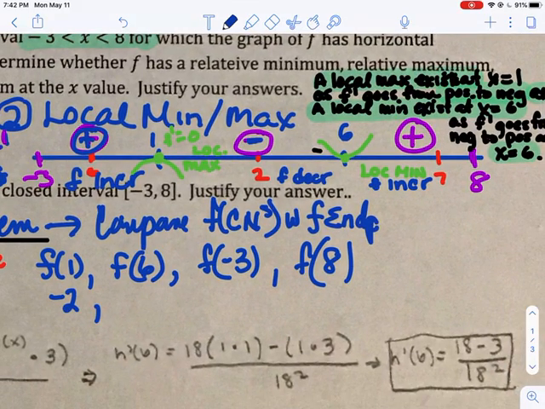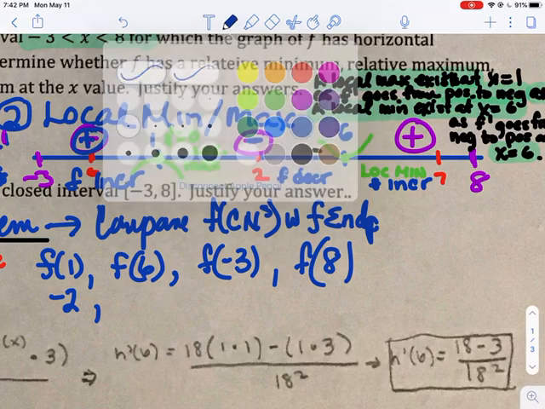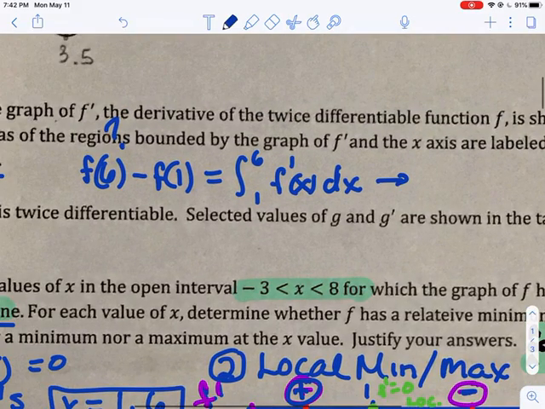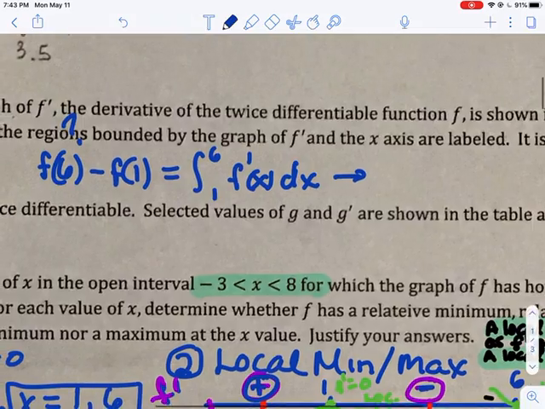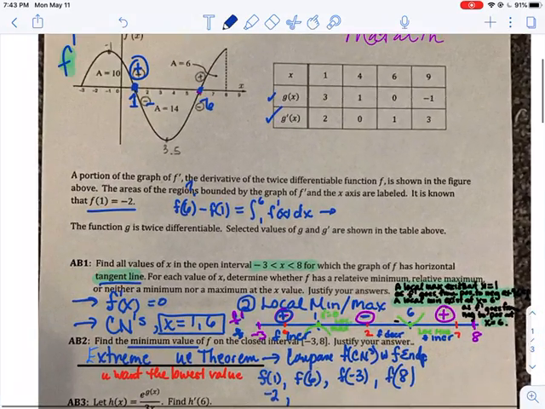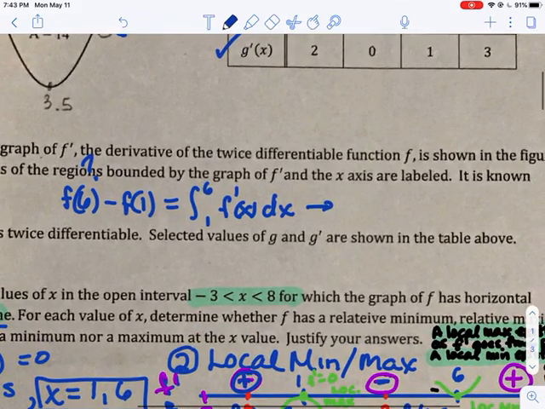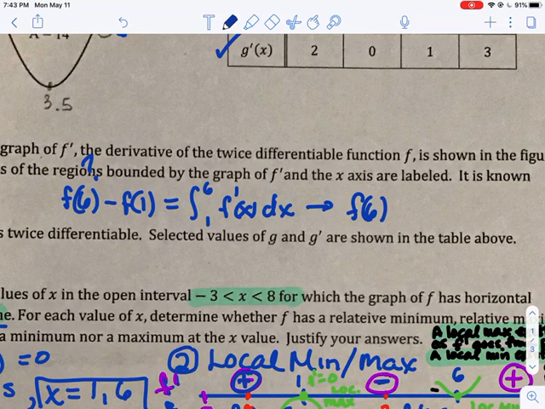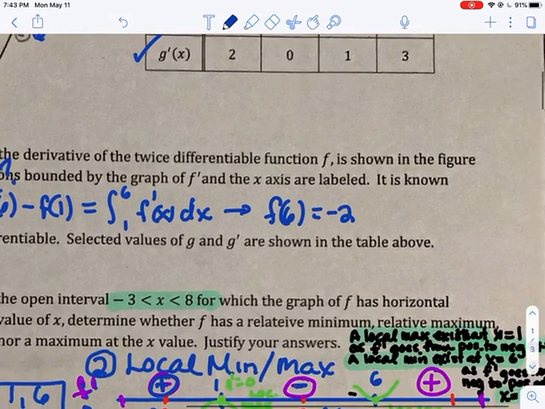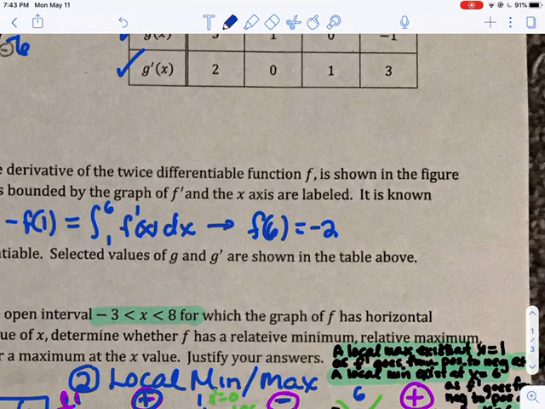Getting back to the values that I have here, we have this relationship, and we can say F of 6, the value we want to find, is equal to negative 2, because F of 1 is negative 2, plus the integral from 1 to 6 of F prime of x dx.